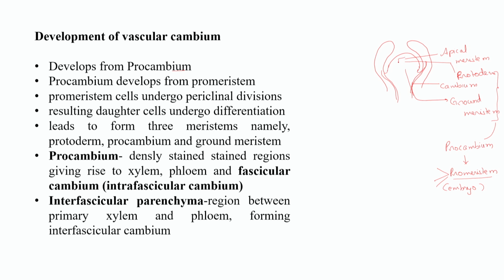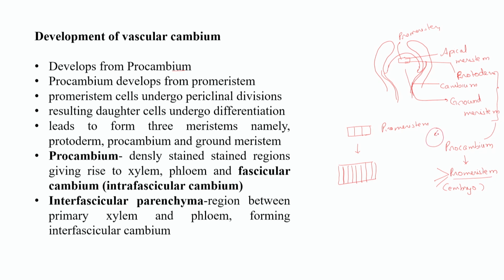Suppose in the initial stage promeristem is there. Now, in promeristem, cell divisions occur without actually increasing the diameter, so thin cells are formed. Let us just elaborate it. In the promeristem, a lot of periclinal division will occur. Periclinal, as we have discussed before, is increasing the diameter.